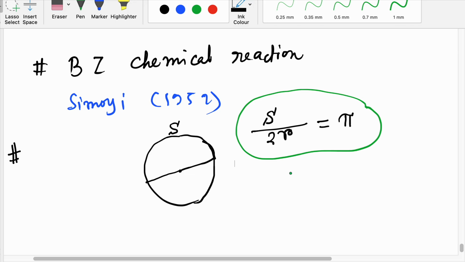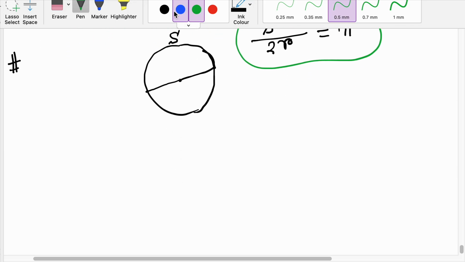Now, let's see. There is a constant called the Feigenbaum constant. Feigenbaum is a famous person in chaos, because in 1980 he published a paper in which, by the renormalization method, he found a constant which is universal.